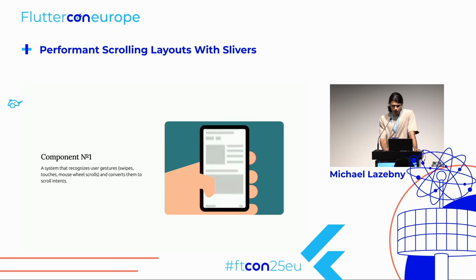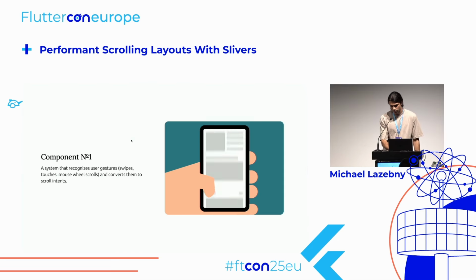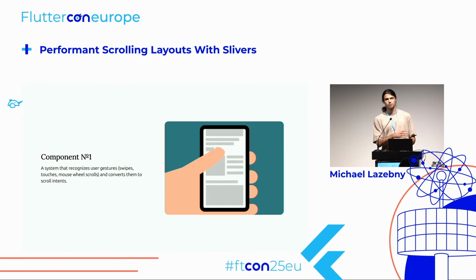So the first component that is needed is a component that can understand user gestures, like when you swipe the screen, right? Or when you use the trackpad, for example, or when you just scroll the mouse. This component should be able to map these scroll events into some intents and transform them into some offset, right?